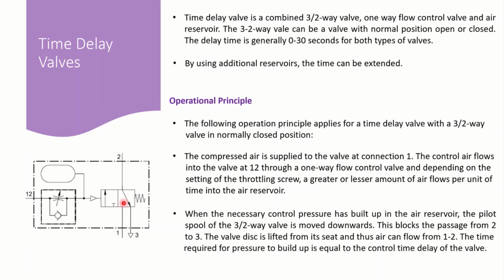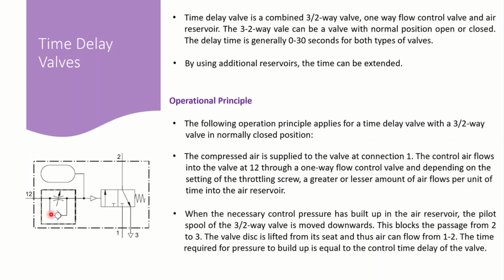Now, if we look at number 12, the downstream of this number 12 is also connected to the air supply, and it is providing the compressed air. If the air is coming from this side, you see we have a throttle check valve here.